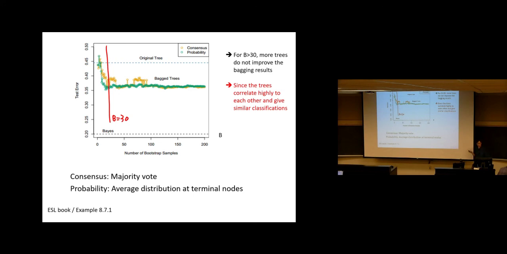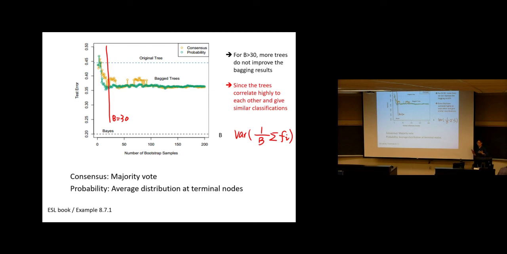Okay, so this means what? When we compute the variance of 1 over B summation of Fi, we actually cannot make that assumption that the covariance between Fi and Fj equals 0.